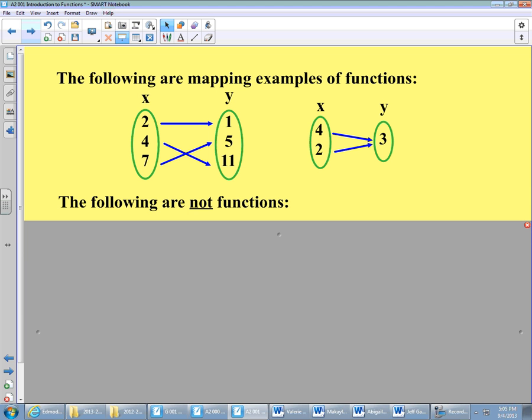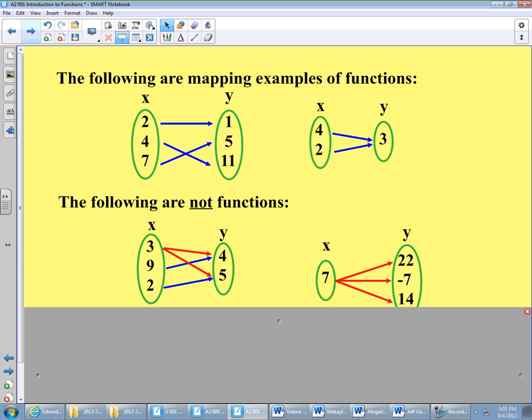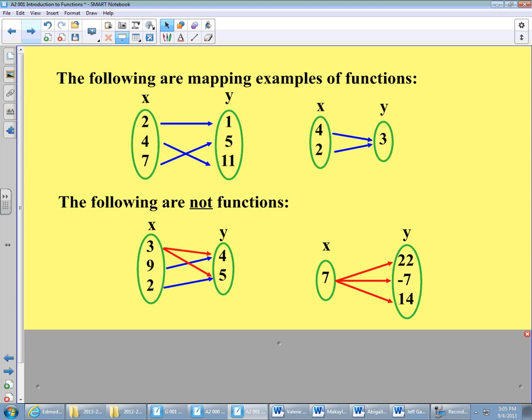The following are not functions. Okay, here we have problems. Like on the left-hand example, your domain is 3, 9, 2. The 9 and the 2 are okay because the 9 only gets one value in the range. The 2 only gets one value in the range. But look what the 3 did. The 3 tried to connect to 4 in the range and also 5 in the range.